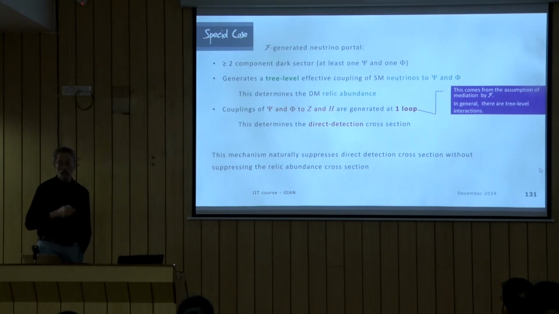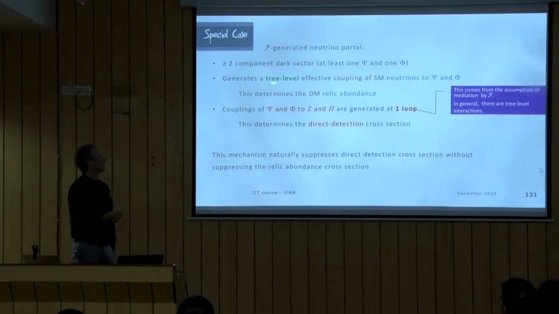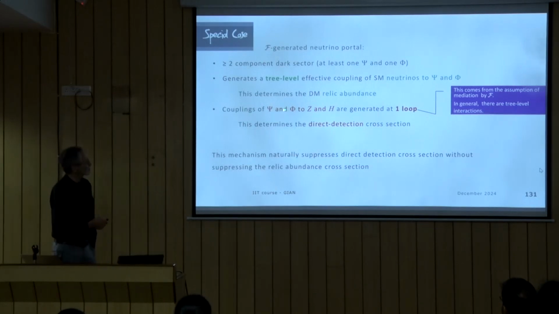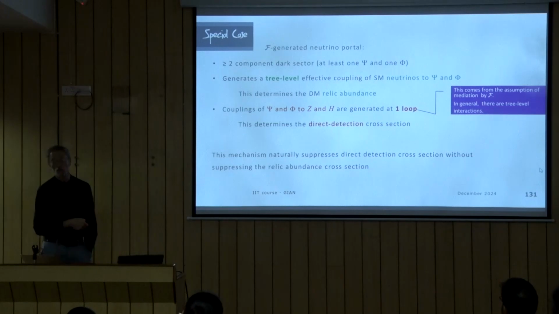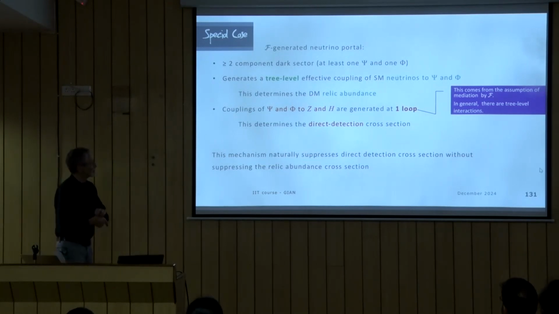within this scenario, there is no direct coupling of the psi, the fermions in the dark sector, or the phi, the scalars in the dark sector, to the Z and to the Higgs. But these are generated at one loop. I'm briefly going to show that in a minute because I'm running out of time.